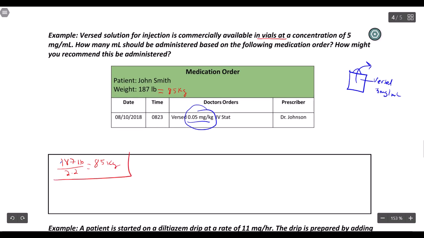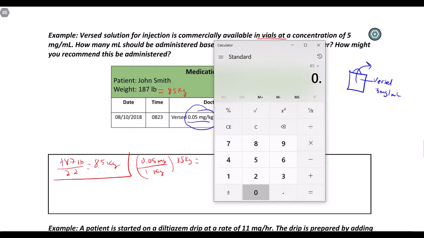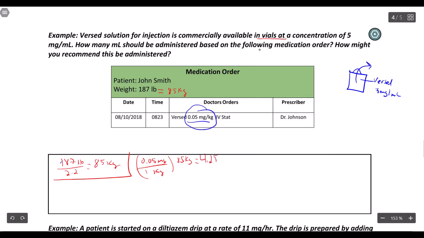Now we know that if you've got a dose that is 0.05 milligrams per kilogram, right? Every 1 kilogram, and the person weighs 85 kg, I now can tell you what the dose is. So the dose is going to be 4.25 milligrams. So this is saying 4.25 milligrams is going to be given IV stat. So it's intravenous stat. Stat means rapidly, right now.